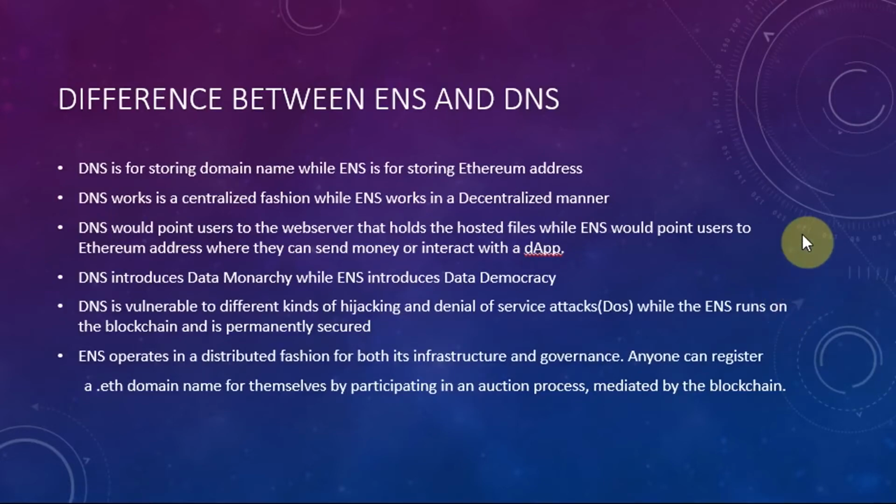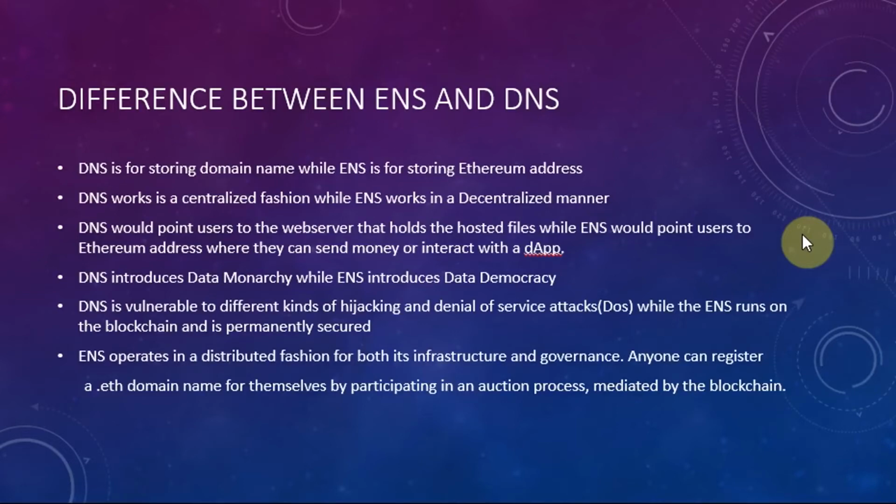Now, the DNS introduced data monarchy, while the ENS introduces data democracy. Because of the central point of control or failure, the DNS is centrally controlled by organizations, entities, governments, and different kinds of organizations. While the ENS introduces data democracy, because the database here is not owned by any entity.